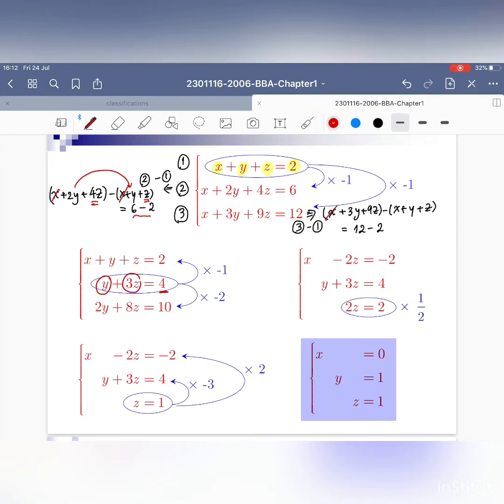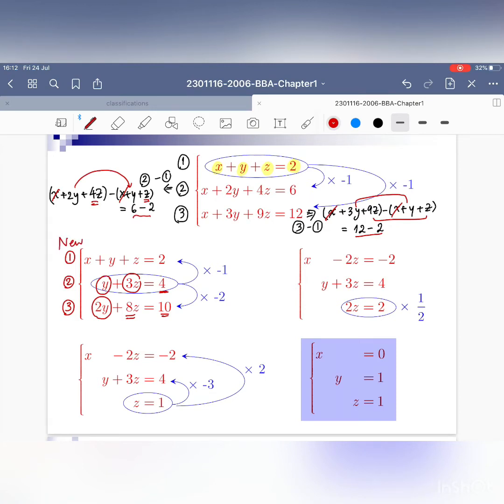So again, the x cancelled, the y becomes 3y minus y, so you have 2y, and here 9z minus z, you have 8z, and then 12 minus 2, you got 10. Okay, so this is your new third equation, along with the first and second equations, the new one.